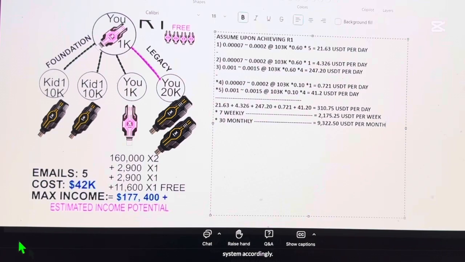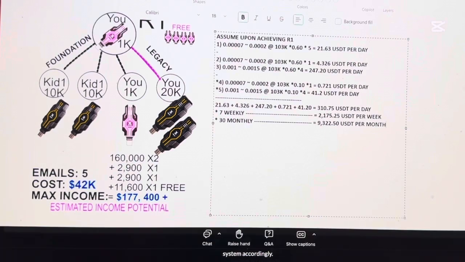42 times 1.4. Just imagine you become R1 3 times in different legs. Do the math. If you start putting accounts in separate legs, you connect them, and then connect one for the 20K.